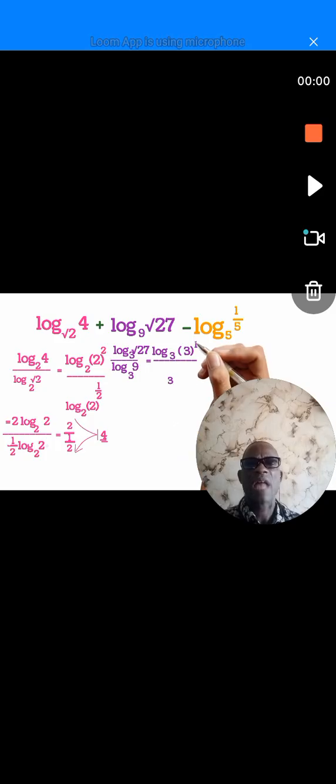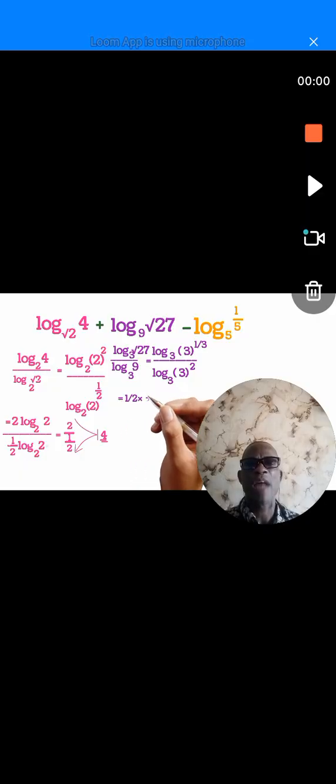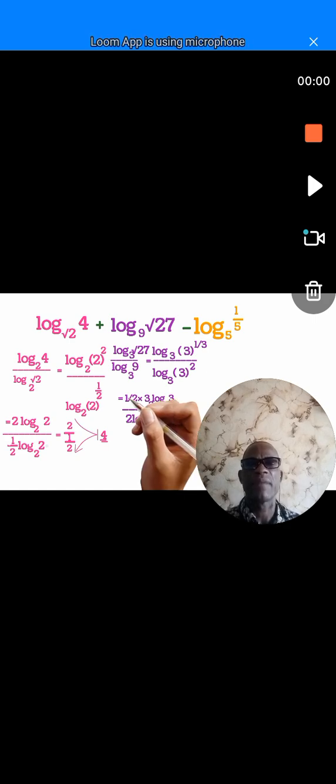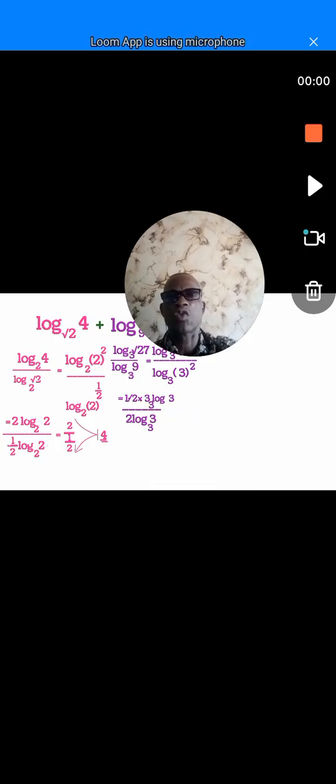So that means the root is 1 over 2. It's going to be 1 over 2 times 3 over log 3 raised to power 2 base 3, which is invariably 1 over 2 times 3 log 3 base 3. 1 over 2 times 3 log 3 base 3 is the same thing as 1 over 2 times 3, because log of the base is equal to what? 1.